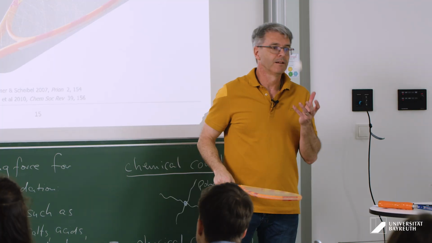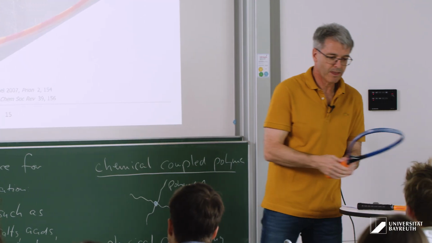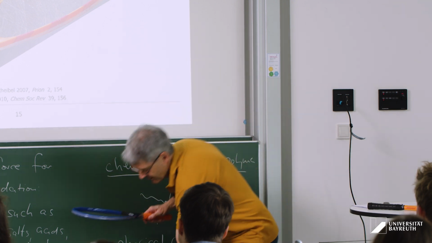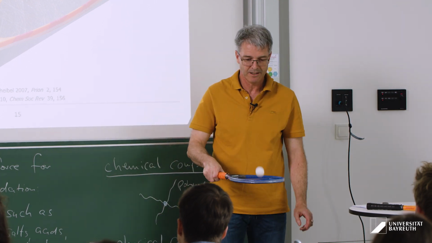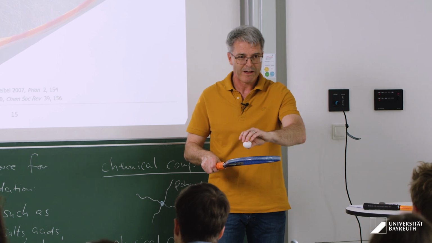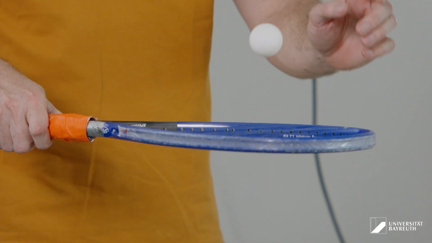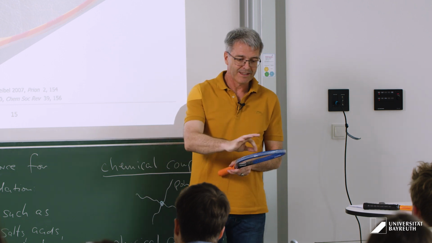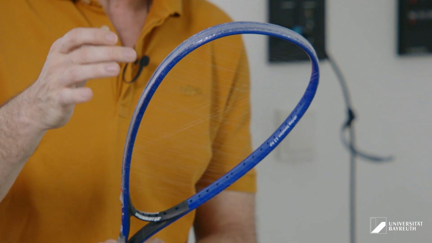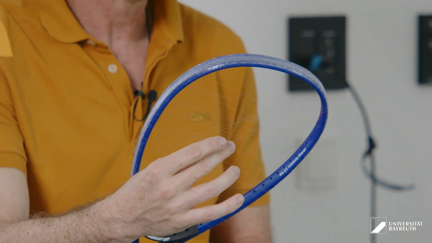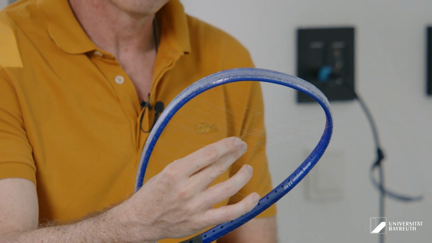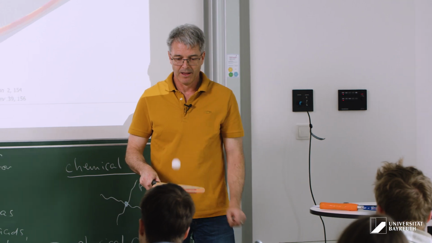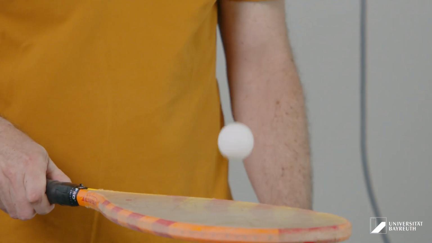Now if you try to do the same thing here with the steel, it's even hard to keep it on the racket because it's just bouncing off. Steel is not flexible, it has no elasticity. And this also means it cannot distribute energy along the fibers, see, and it's already broken. And that's the trick here. So the ball stays centered, and this makes a lot of sense.